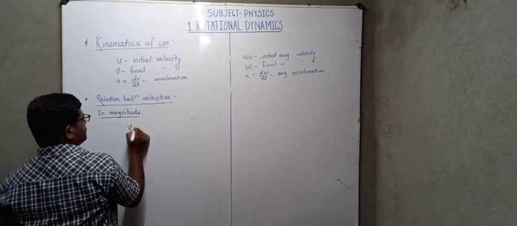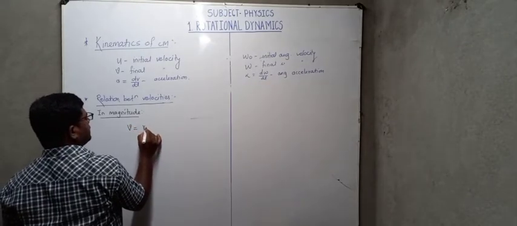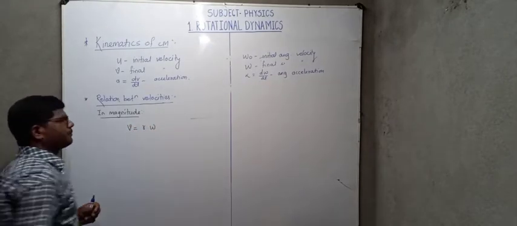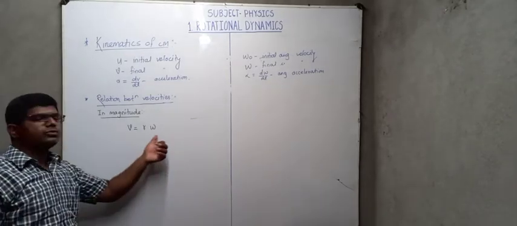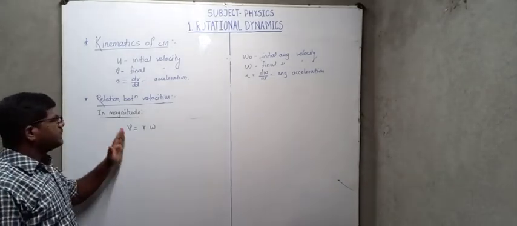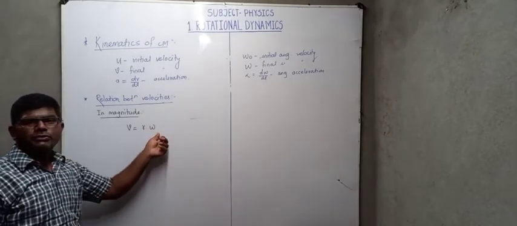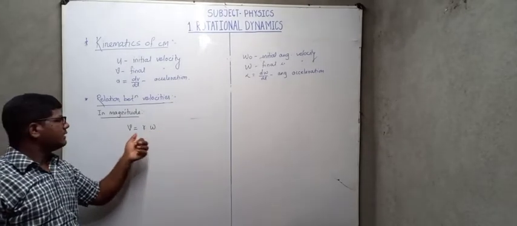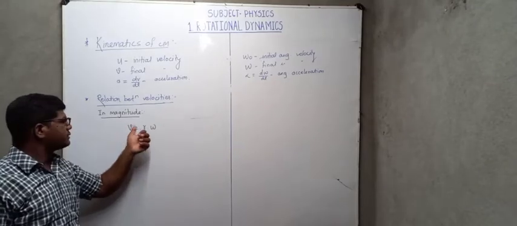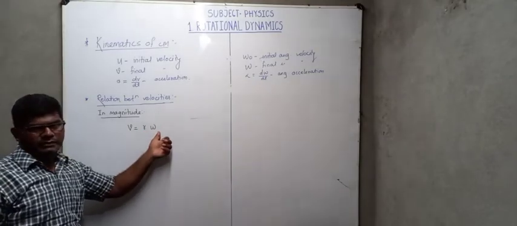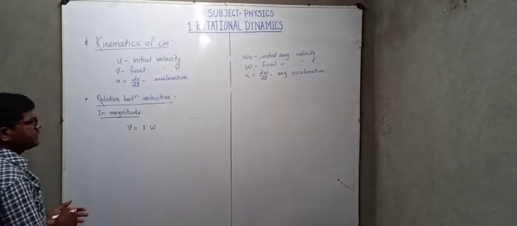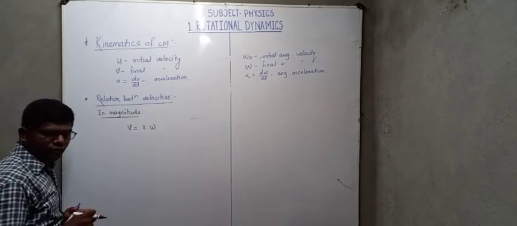V is equal to R into omega. That is, the linear velocity is equal to the product of radius into angular velocity. This is the relation between velocities in magnitude form.